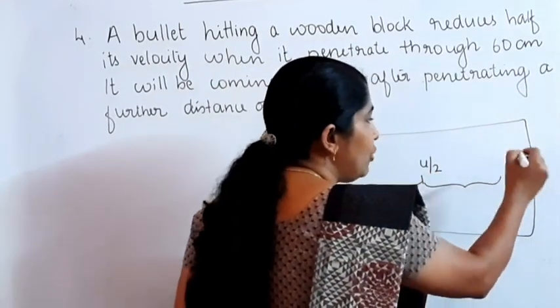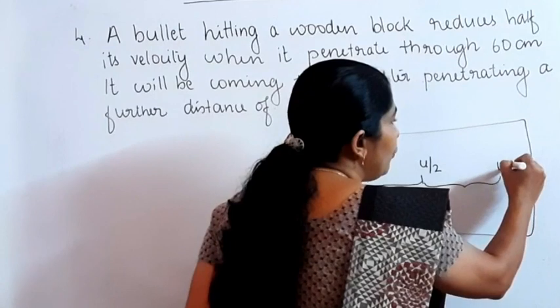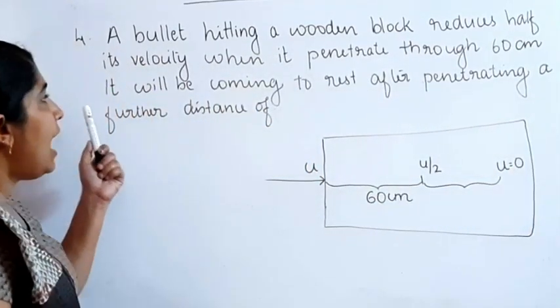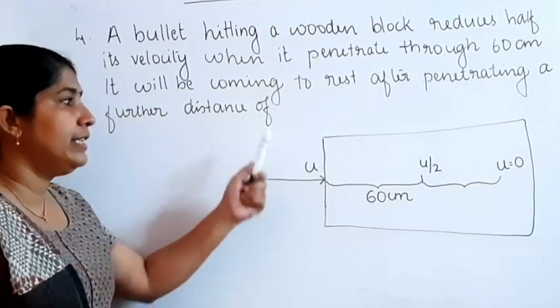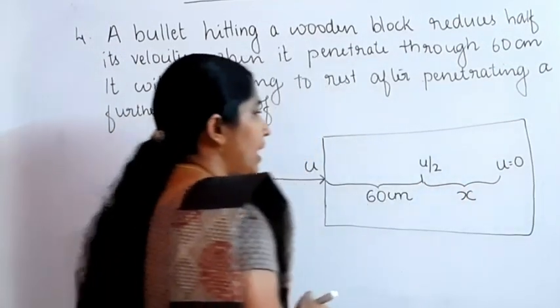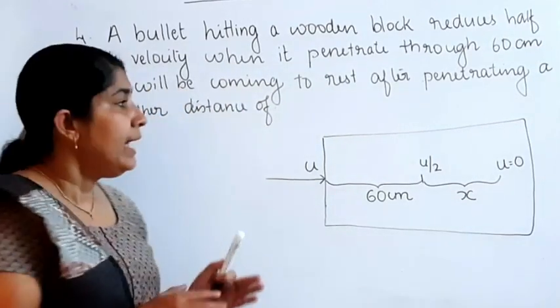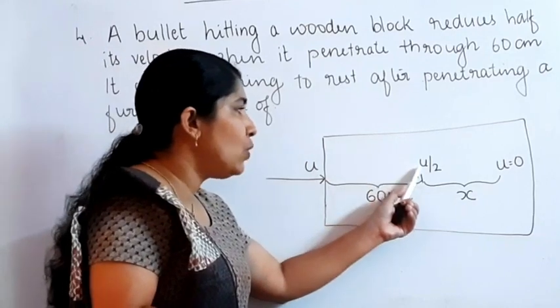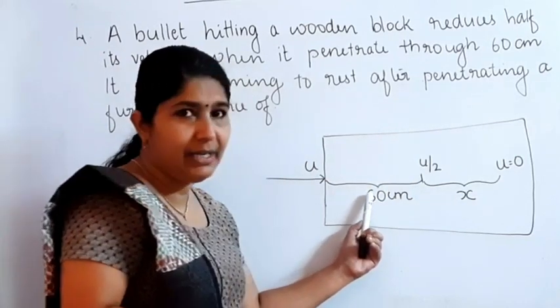It will be coming to rest means the velocity of the bullet becomes equal to 0 after penetrating a further distance. So we want to find out this distance x. In this case, initial velocity, final velocity and the distance are given.